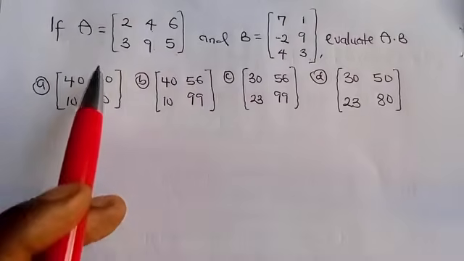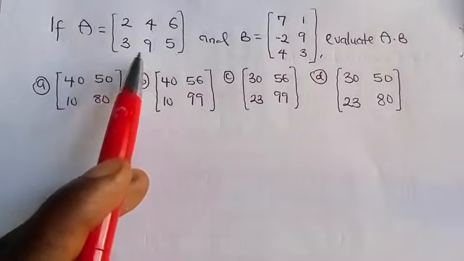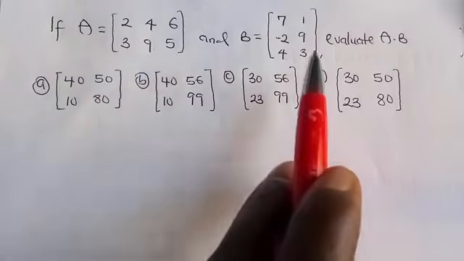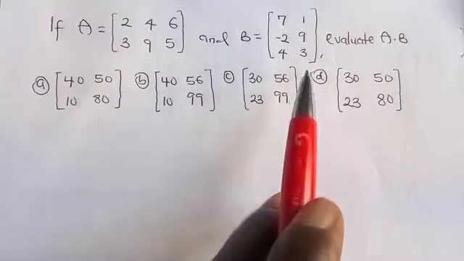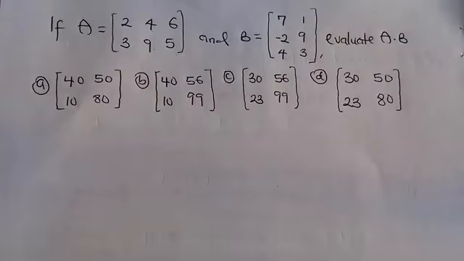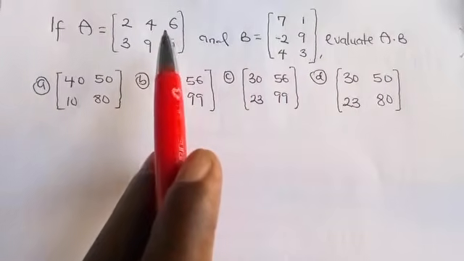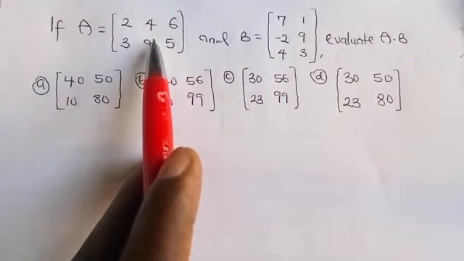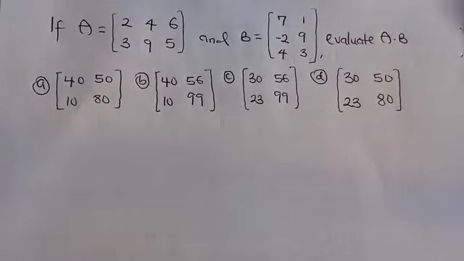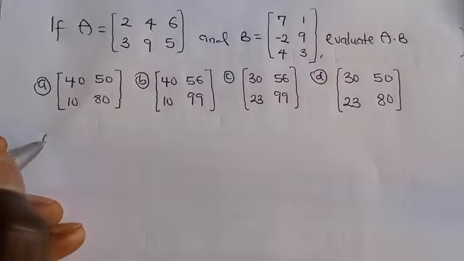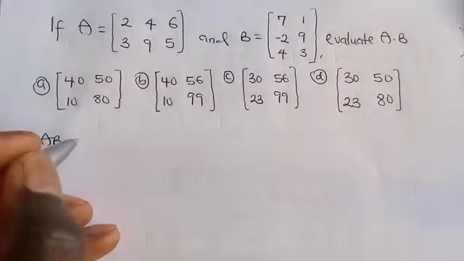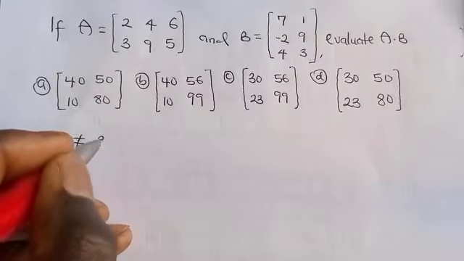If you have a 2 by 3 matrix multiplying a 3 by 2 matrix, the result you are going to have will be a 2 by 2 matrix. Whereas if a 3 by 2 matrix is multiplying a 2 by 3 matrix, you are going to have a 3 by 3 matrix. It means that AB is not equal to BA.